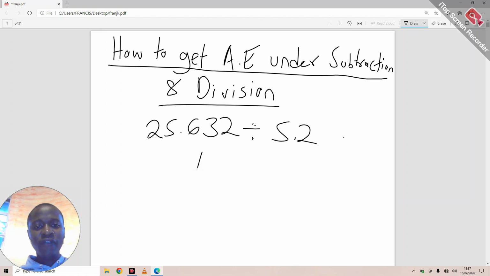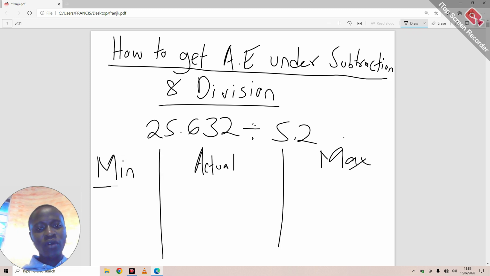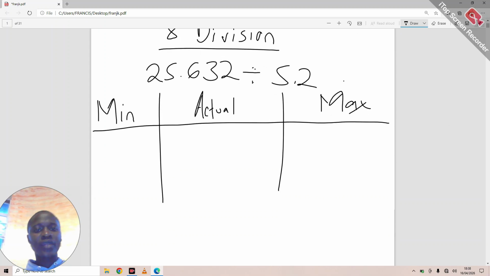So we shall have at this point actual, then at this other end maximum, and on this other side minimum. Just have a table that looks simple that way. Remember one thing, this is division.